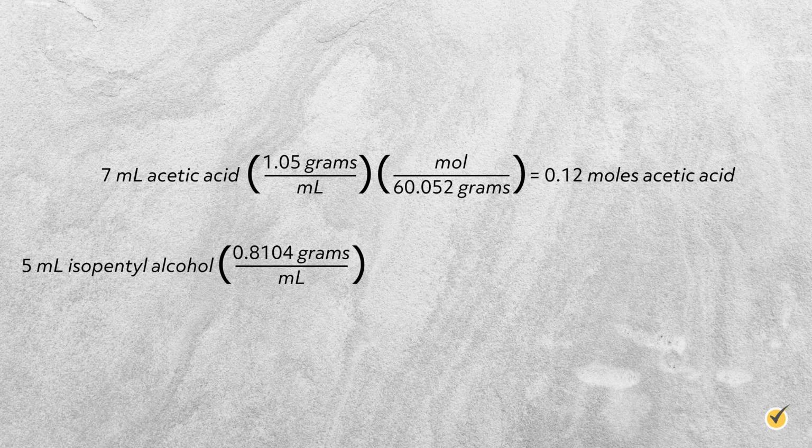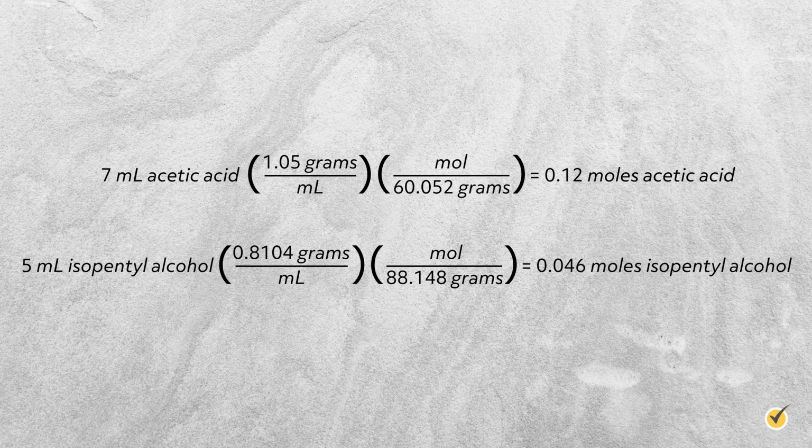Then we're going to convert to moles. 1 mole of isopentyl alcohol is equal to 88.148 grams of isopentyl alcohol. So we will multiply by 1 mole over 88.148 grams. This results in 0.046 moles of isopentyl alcohol. Remember, always double check to make sure your units are canceling appropriately.